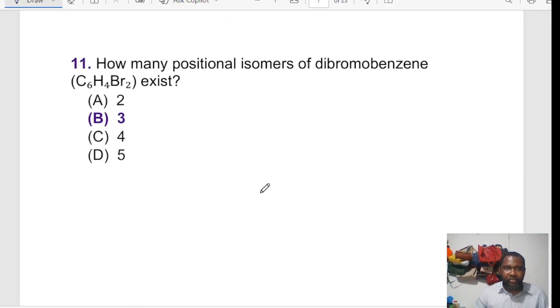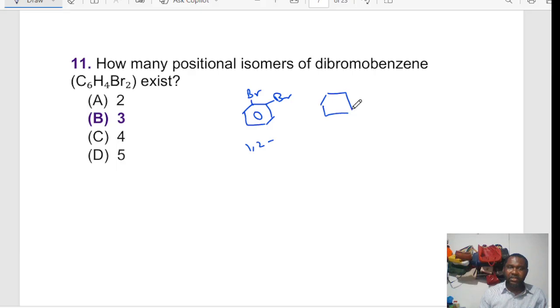Okay. Now look at this. This one says, how many positional isomers of dibromobenzene exist? Woo! This looks like work. Okay, but it's a benzene, so C6H4Br2. Watch this. This is benzene. Let me put the bromine here and bromine here. This is one of them. This is 1,2-dibromo, position 1 and 2.